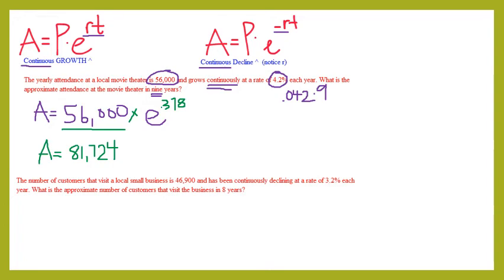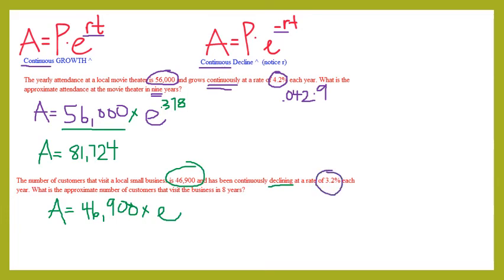Okay, now let's quickly try a decline. So that's a little bit different. We're going to have a negative rate, which I know sounds weird, but again, it will work out at the end. So here we go. Amount equals principal. So our starting amount in this situation, this business has 46,900 customers. And we're going to multiply that times E to the power of. Okay, so now, again, let's figure out our exponent off to the side.